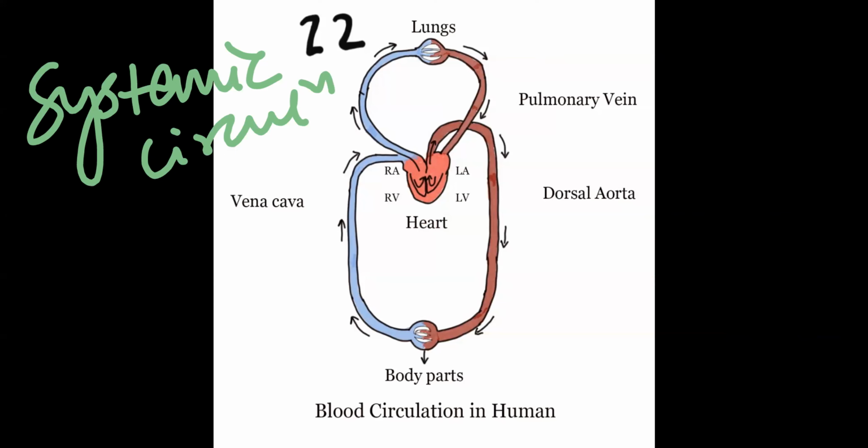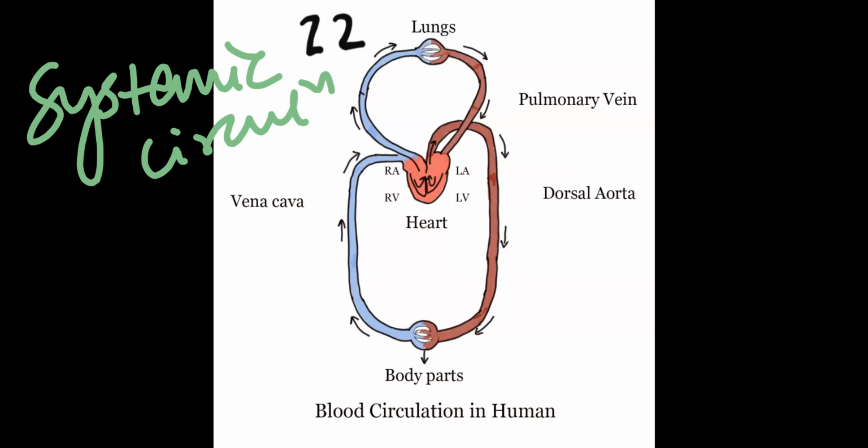Collectively known as what? Exactly. They carry which blood into the body parts? Oxygenated. Body parts, after using the oxygen from this blood, convert it into deoxygenated blood.